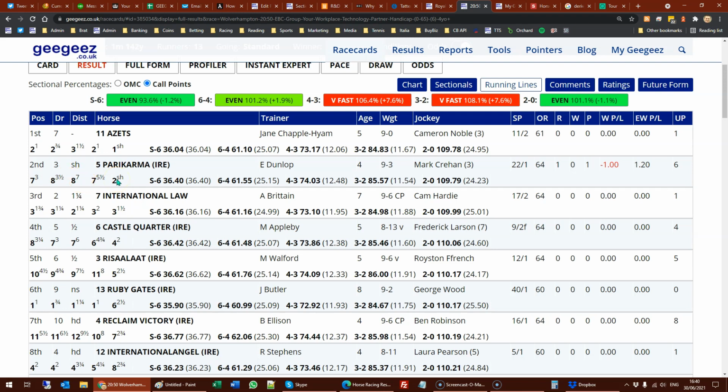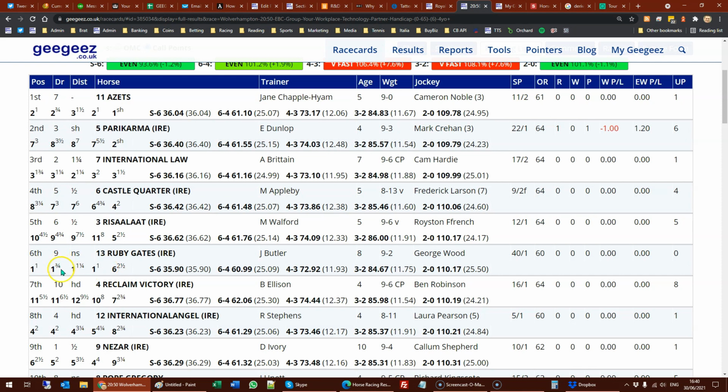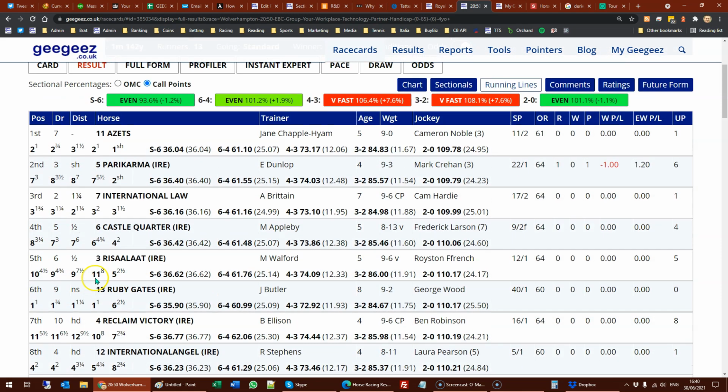She did a lot of running late, and International Law was another one favoured by being up close. Ruby Gates actually is one worth pointing out, because Ruby Gates led and had the total run of the race and faded into 6th in the end. As you can see, he or she was a 40-1 shot, so almost nicked it, but in the end just got run out of it.